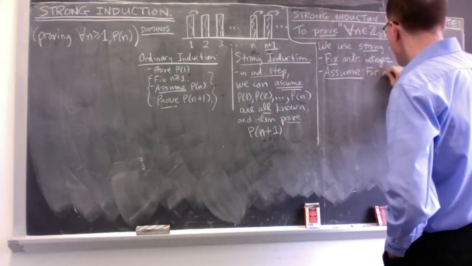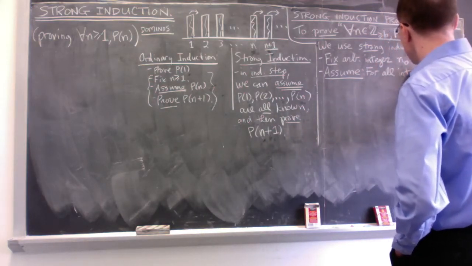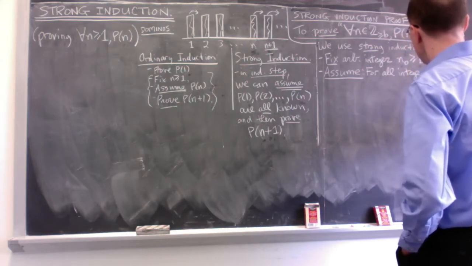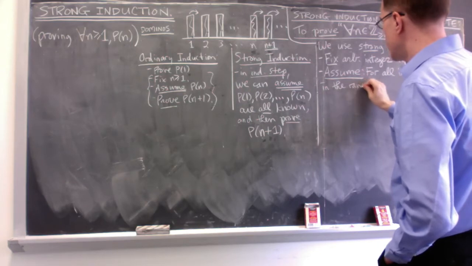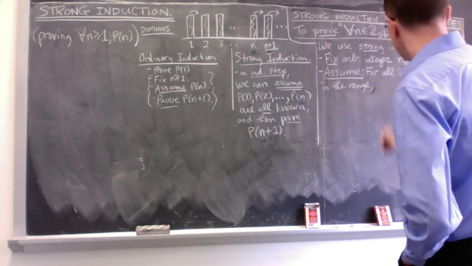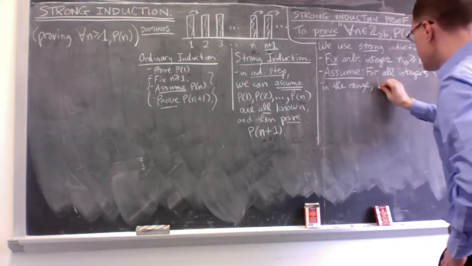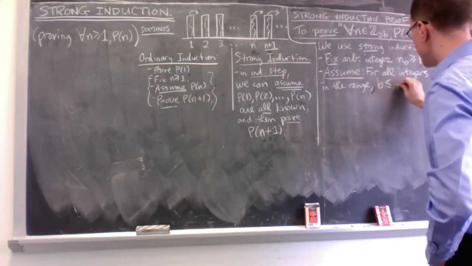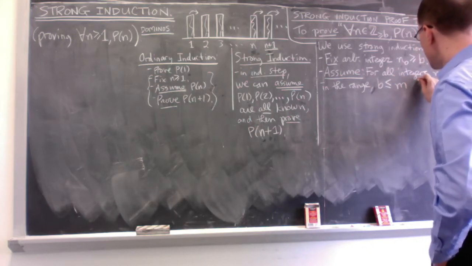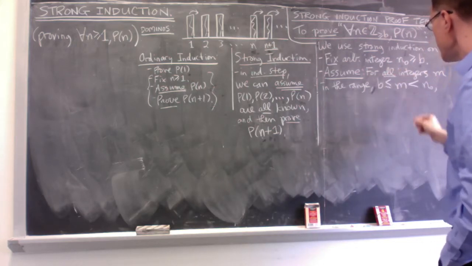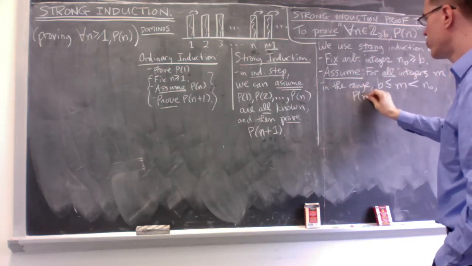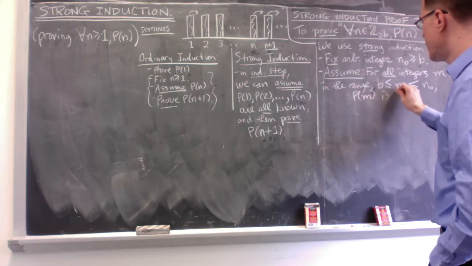So for all integers m in the range, all right, starting at b, so b is less than or equal to m, and then m is going to be strictly less than n naught, and we're going to assume that p of m is true.